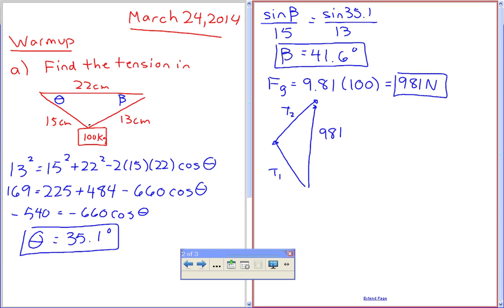Basically, when you add these two vectors together, that's equal to the tension force. So when you add, if I add this one to this one, they have to be tip to tail. So it has to be like this plus this. That's how it goes.